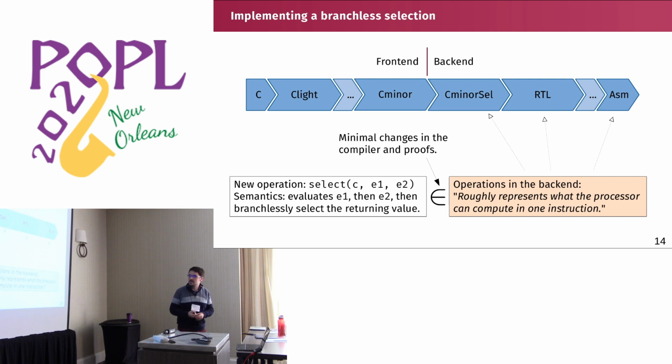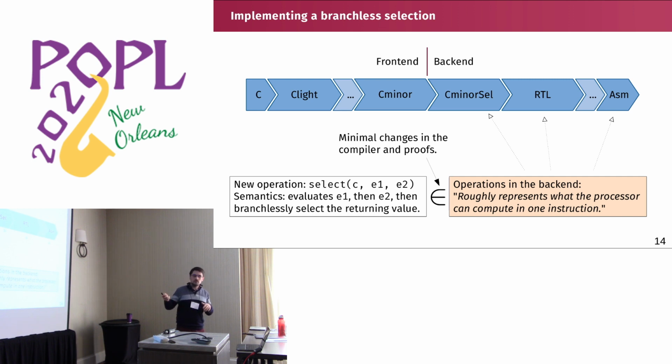So what we've done is that instead of modifying every intermediate language on the backend of the compiler, we actually implemented this selection operation directly as one of the operations that are supported by the backend of the compiler.